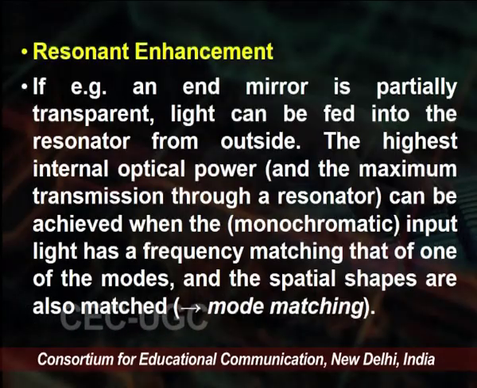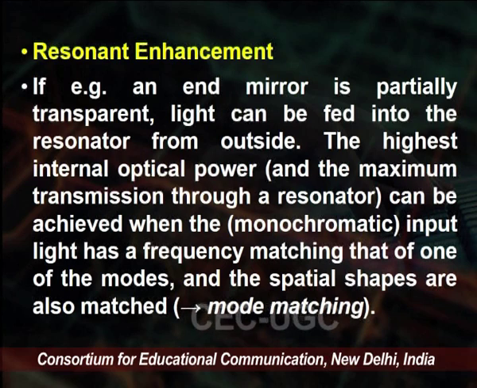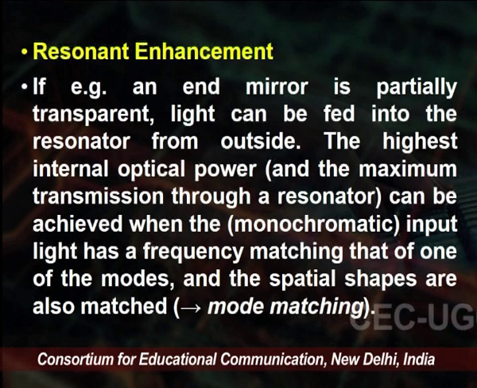So how can we enhance the resonance? Another topic is resonant enhancement. We can take it as an example. If an end mirror is partially transparent, light can be fed into the resonator from the outside. As it is transparent, the light is fed in from the outside.